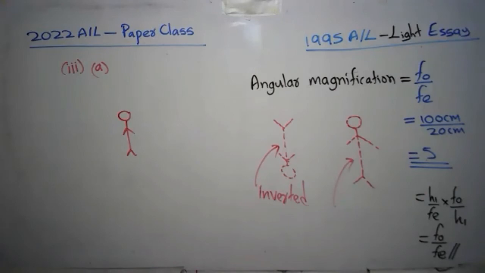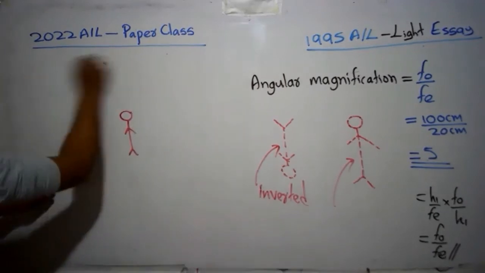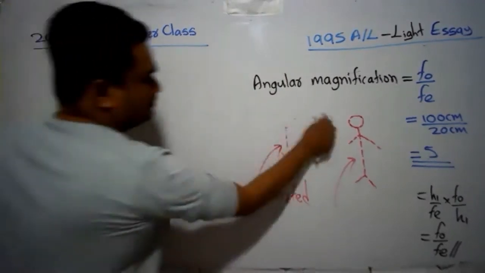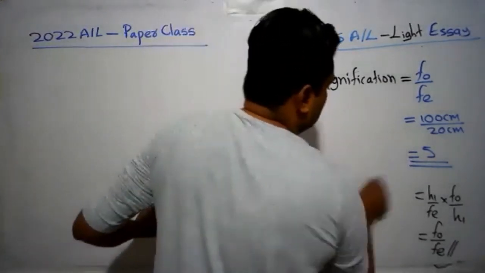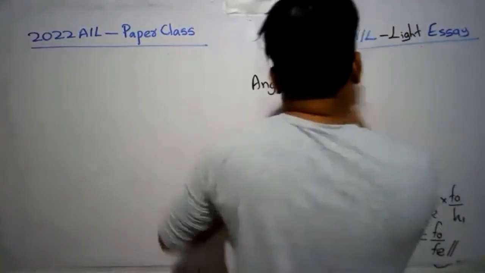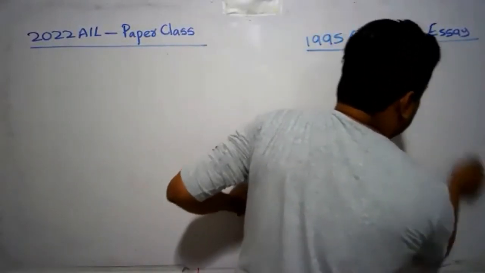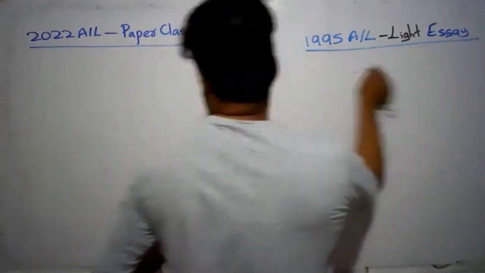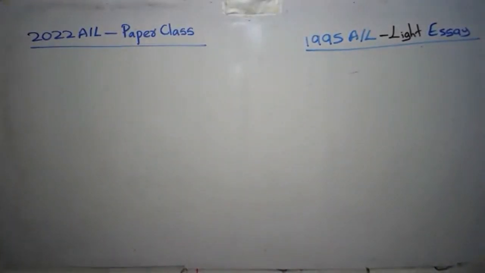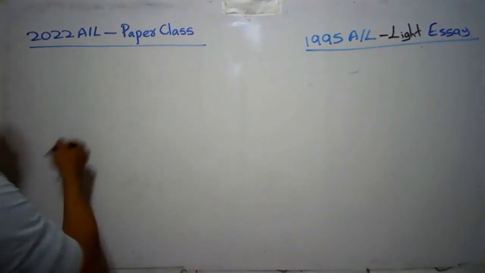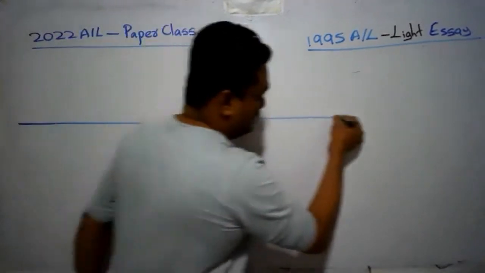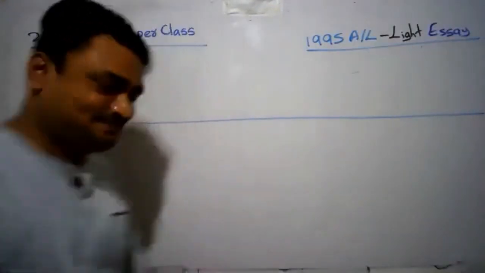So I'm going to erase everything that I have written on the board. Right, look at the board there. I want a large space to draw the ray diagram, right?